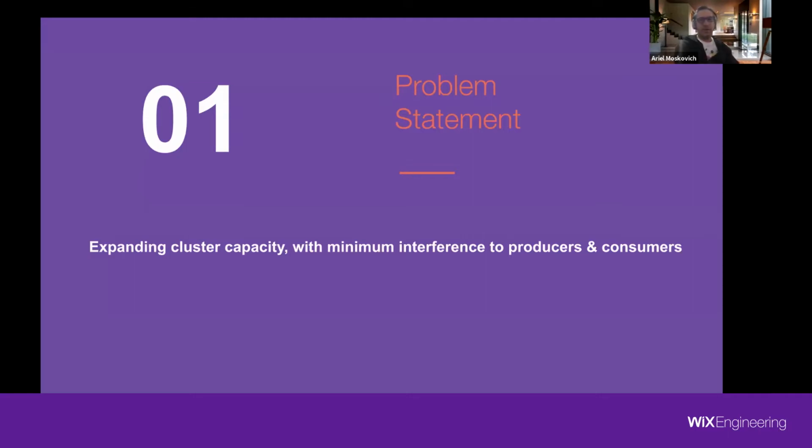If we do it too aggressively, the producer might experience errors. We will have errors producing to this cluster, and the consumer might get into lags in consuming. So we want to avoid that.